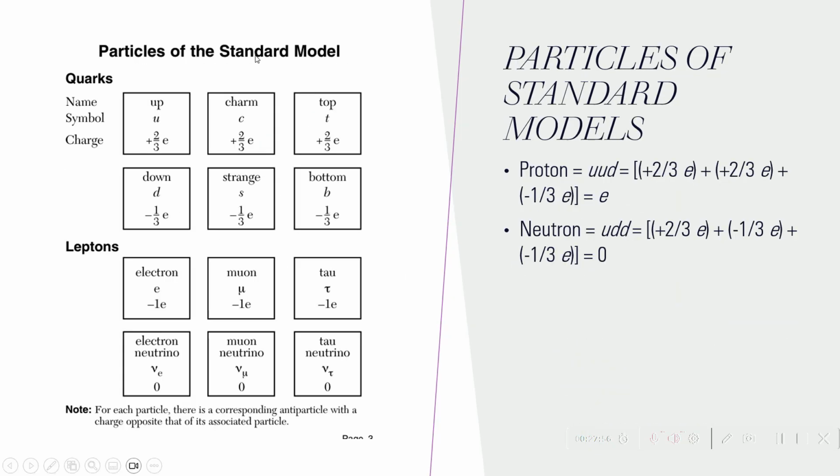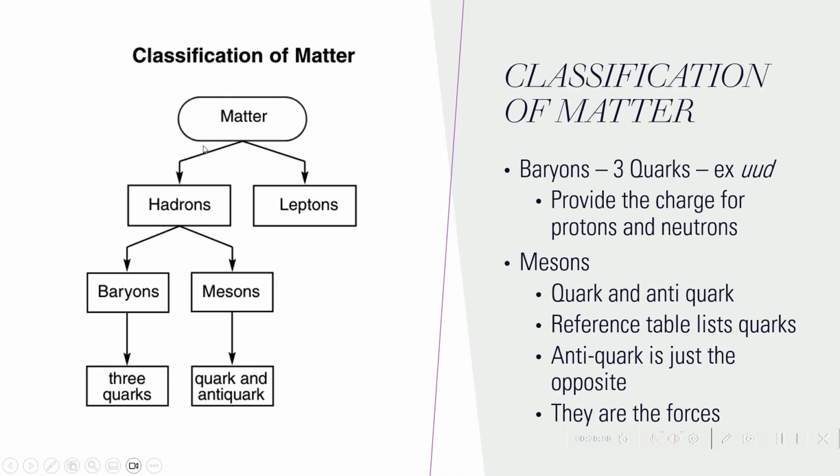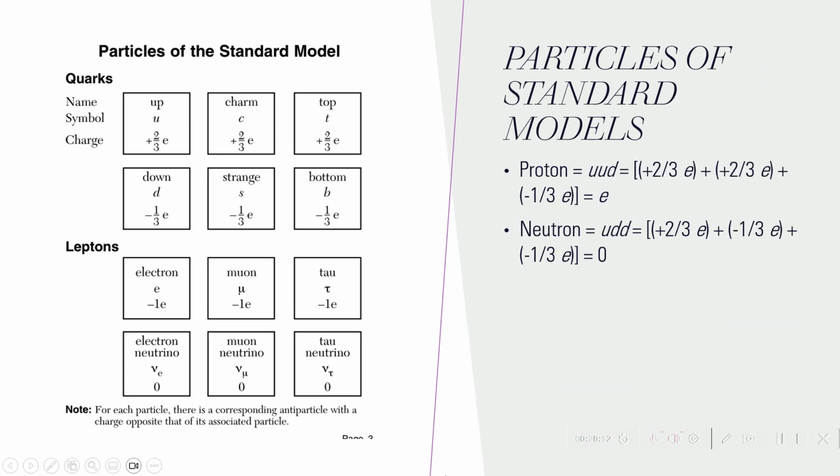So a proton has 2 up quarks and a down quark, and a neutron is 2 downs and an up. If I had a meson, I would have a quark and an anti-quark. So I could have a top quark and an anti-charm quark.